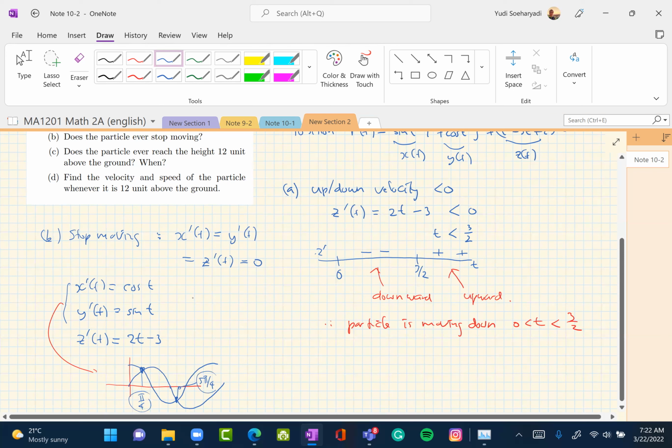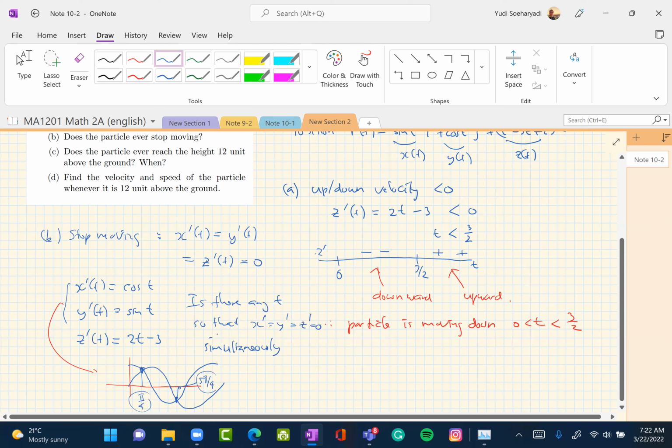So the question is: is there any t so that x prime, y prime, z prime are 0 simultaneously?